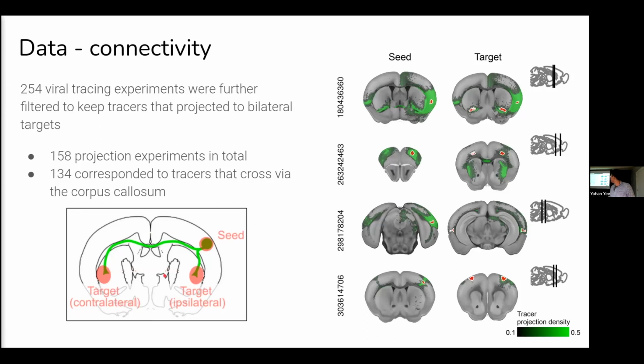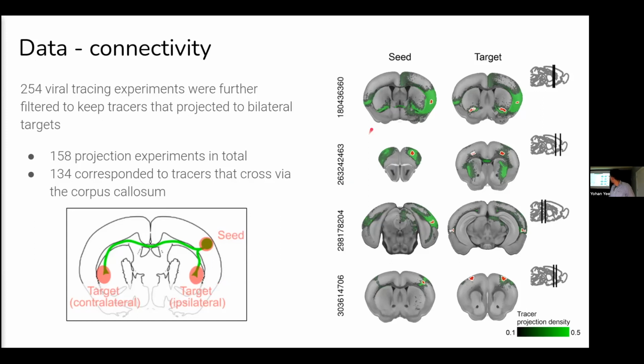The reason we did this was to separate the effects of strain from the effects of connectivity. So the idea is that we'll compare structural covariance between our seed and our contralateral target to our seed and the ipsilateral target. Because we're dealing with BTBR mice, which differ in genetics slightly from our controls, any difference that's genetically related should show up within this comparison.